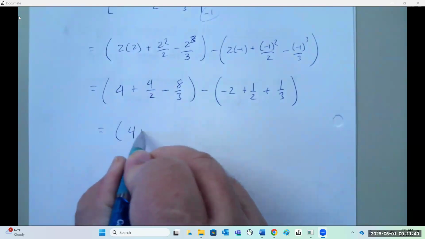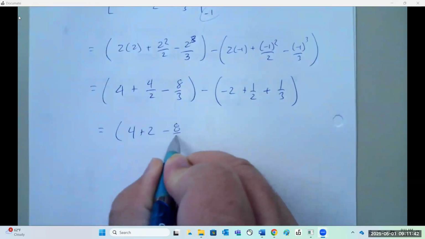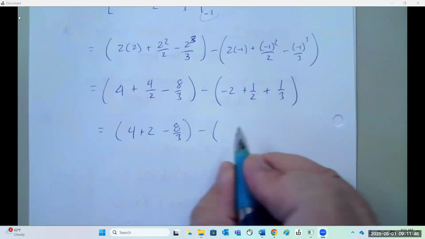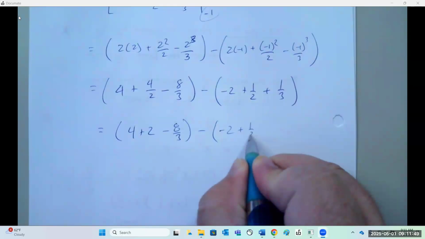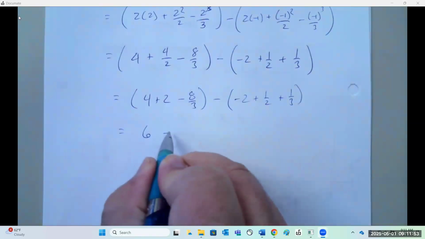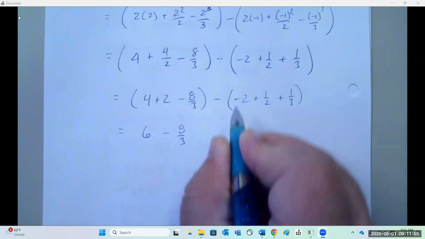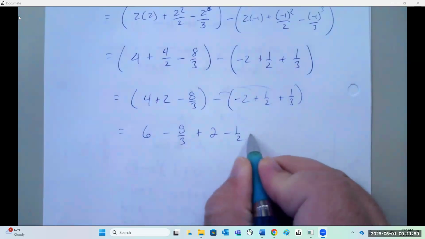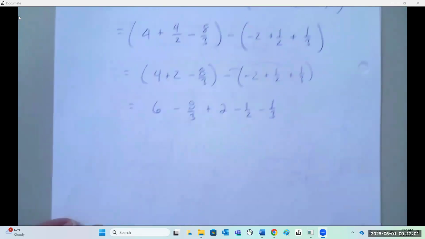So we get 4 plus 2 minus 8/3. Get rid of the parentheses, so we have 6 minus 8/3. Distribute, so it's plus 2 minus 1/2 minus 1/3.